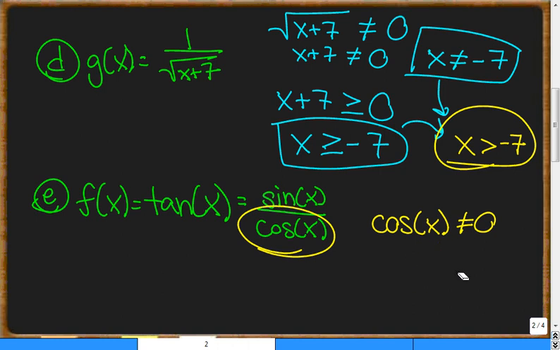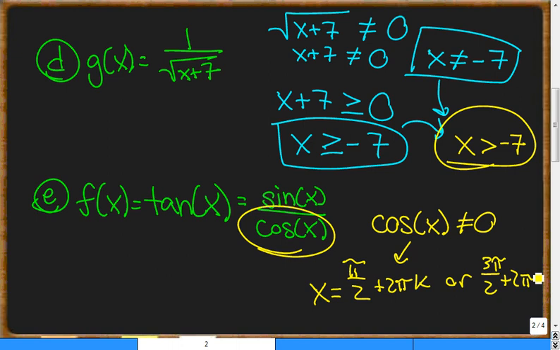That goes back to our unit circle. So in this case, we have x. X is not going to be allowed to be pi over 2 plus 2 pi k or 3 pi over 2 plus 2 pi k.